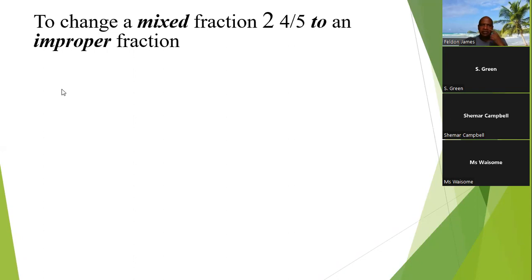So here, if we are to change a mixed number or a mixed fraction, which is 2 and 4 over 5, into an improper fraction, how do we go about doing that?